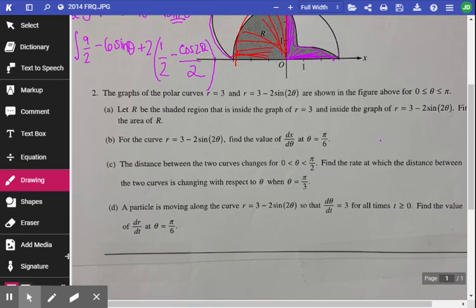I'm going to have the integral of 4.5 here plus 1 here when I distribute this 2. So let me cancel 2, 2, and 2. So 4.5 minus 1 is 3.5. So this is going to be 7/2 minus 6 sine theta minus cosine 2 theta.